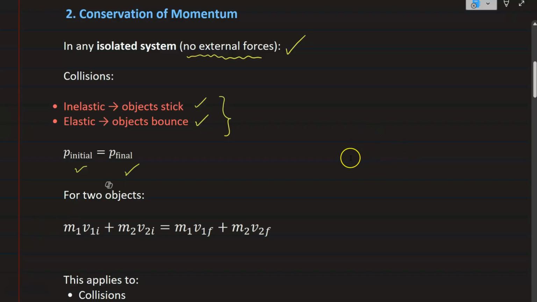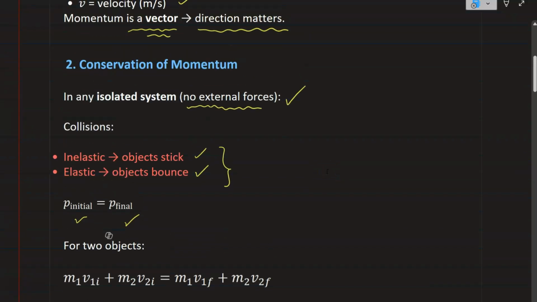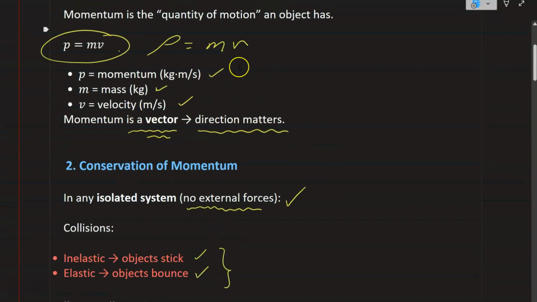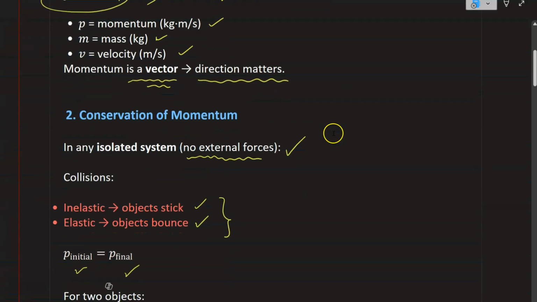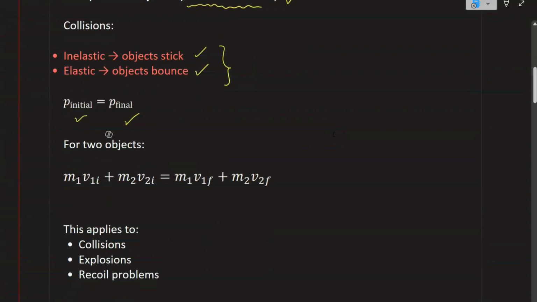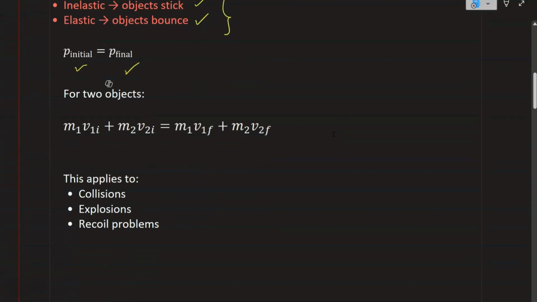So the formula for momentum is p = mv, mass times velocity of that object. The formula for initial momentum is m1v1i plus m2v2i, those are the initial velocities for the possible two objects hitting each other.